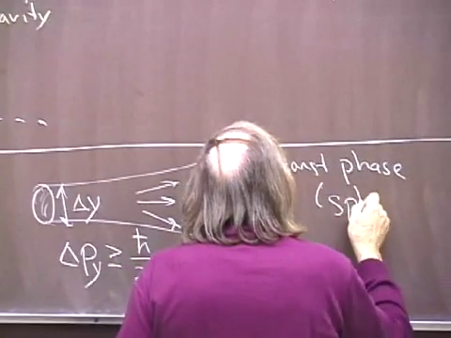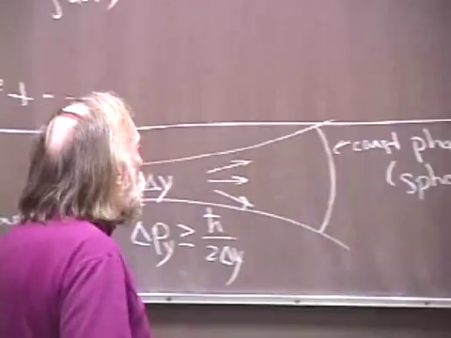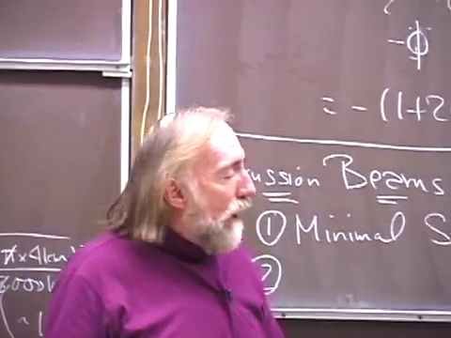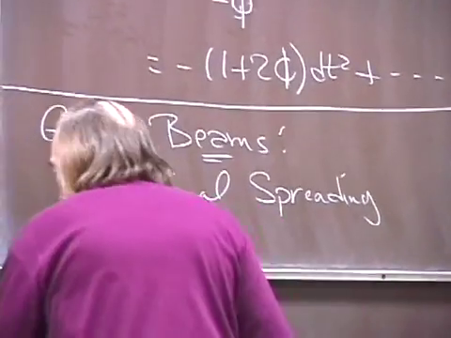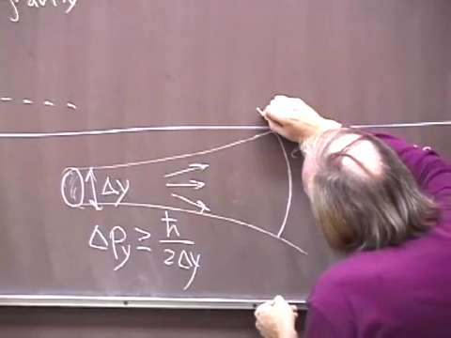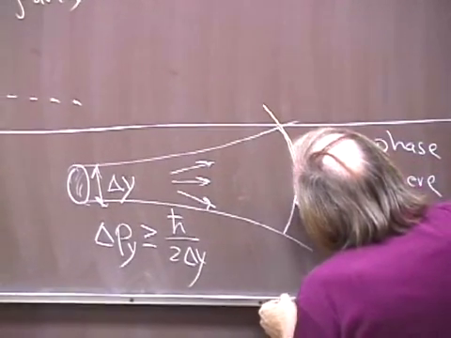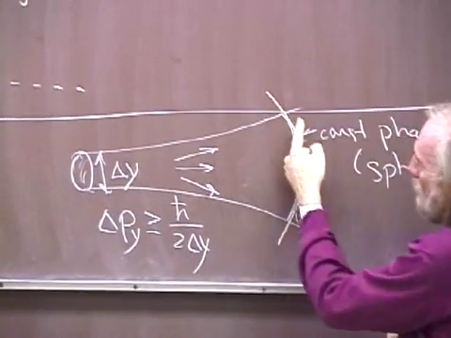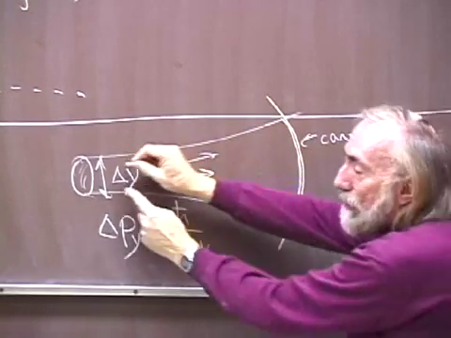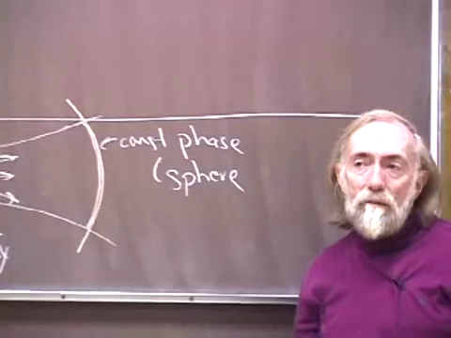It's a piece of a sphere. That means if you want to reflect the beam back on itself, all you need is a mirror that is spherical and has the same radius of curvature. So if you put a mirror right there, so that the surface of constant phase hits the mirror, this beam will just reflect back on itself and go right back down.